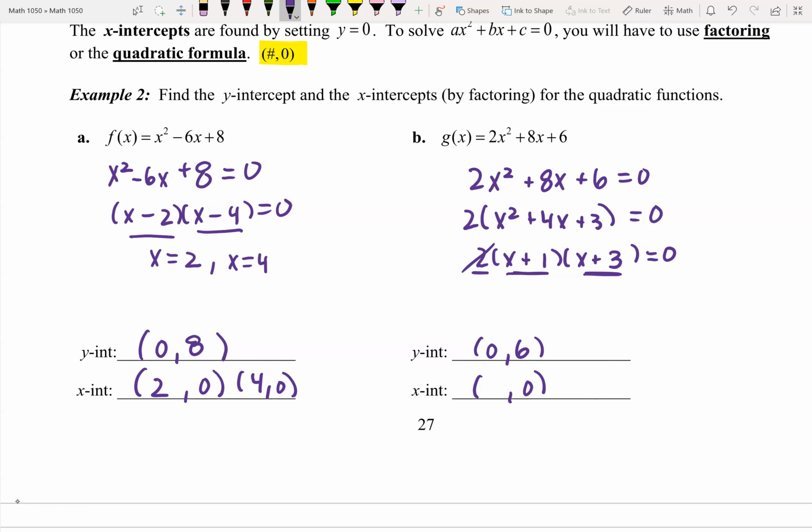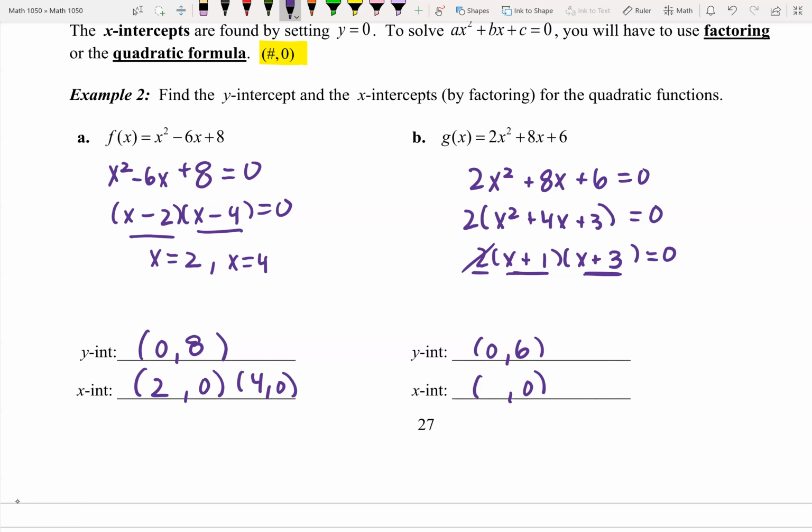What could be out there that would result in a solution? Some kind of an x. That would give me a 0. Good. X plus 1 gives me x equals -1. X plus 3 gives me a -3. I write those ordered pairs, -1, comma 0, -3, comma 0, and I'm done. Okay? All right.